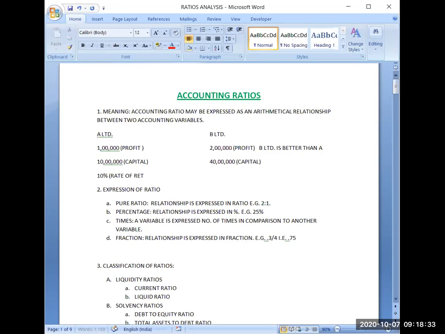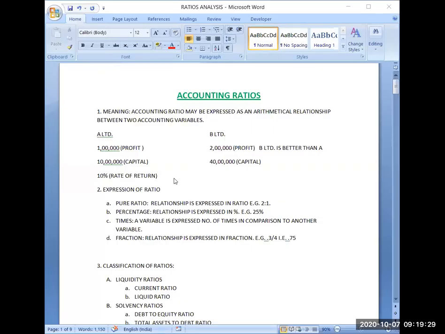How have I got this rate of return? When I have compared profit and capital. So rate of return of A Limited is 10%. And if I calculate rate of return for B Limited also, that will come to 5%, 2 lakh upon 40 lakh. So that will be only 5%.